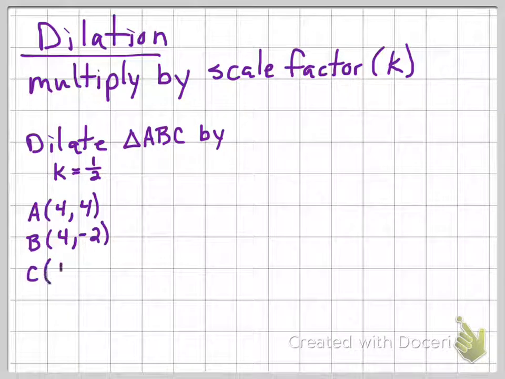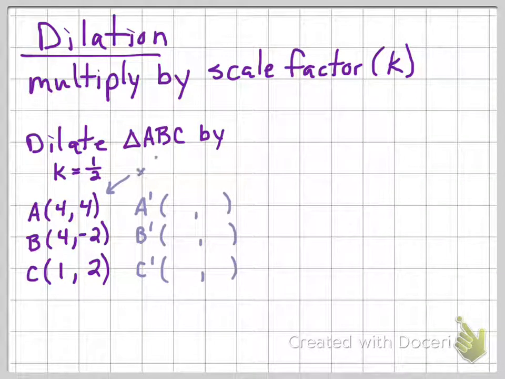So you're given A, B, and C again. And we need to find A prime, B prime, and C prime. So all I've got to do is multiply all of those coordinates by 1/2. Okay, so I'm going to start here. 4 times 1/2, and if you need to use your calculator you can, that's fine.